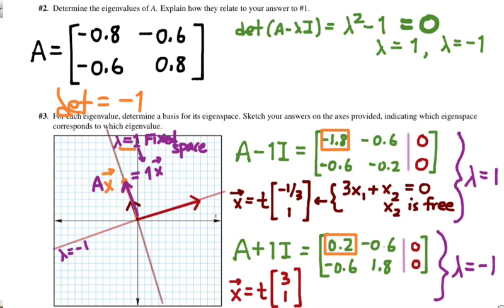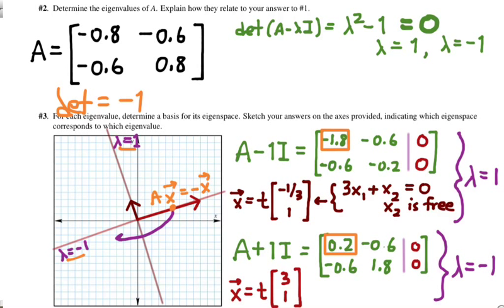What about the other line? Along the other line, the lambda equals negative 1 eigenspace, if I take a point in this line and apply A to it, Ax is going to equal minus 1 times x, and minus x is going to be the opposite.